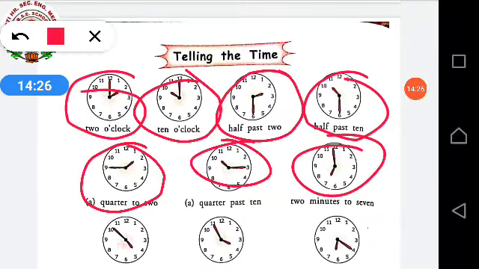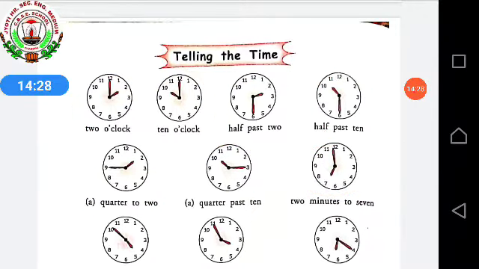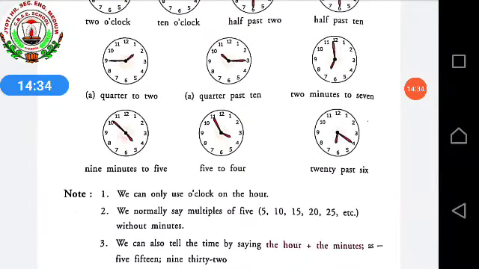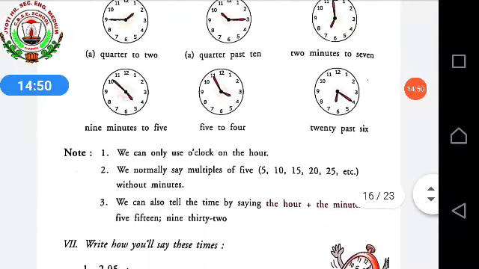But here a different way is given for telling the time. See here, we can only use o'clock on the hour, like 1 hour, 2 hour, 3 hour, 4 hour. We normally say multiples of 5 because the gap in between is of 5 minutes only: 5, 10, 15, 20, 25, etc. without minutes.